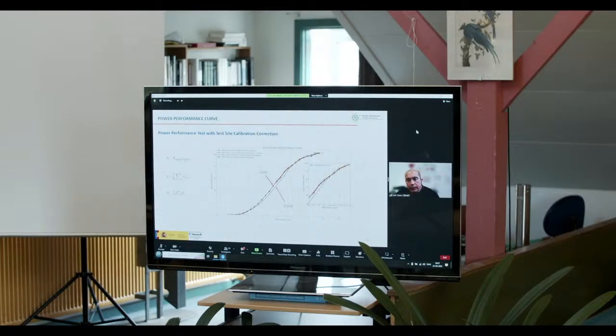Okay, finally, the result of the power performance curves. We have four power performance curves using the rotor equivalent wind speed, or just only the half height wind speed with the LIDAR and with the SCADA, and without wind shear correction or with wind shear correction.